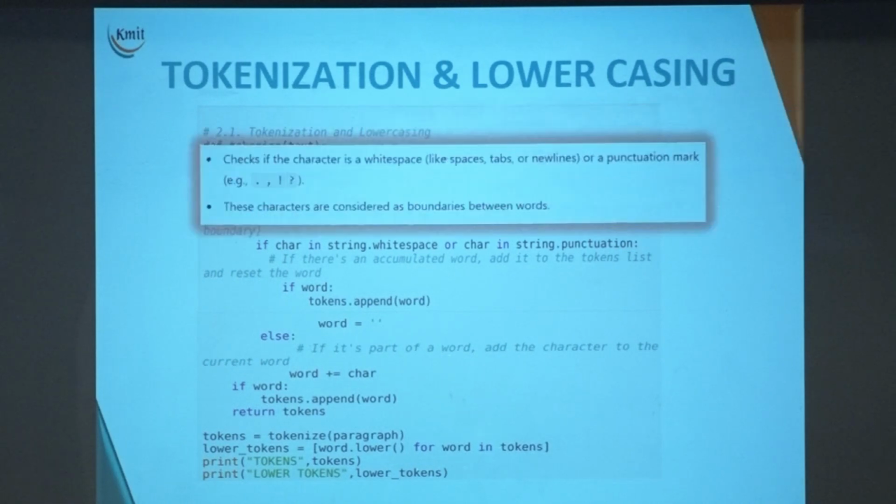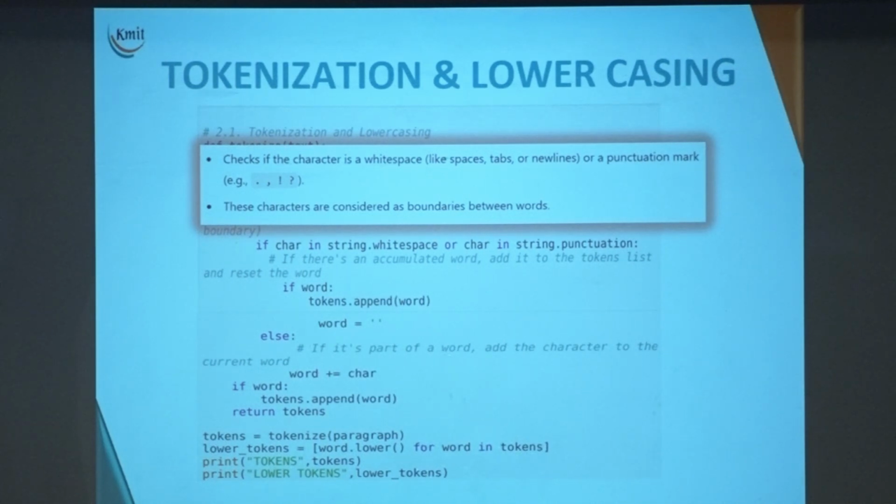So what I am going to do is check if the character is white space, like spaces, tabs, new lines, or punctuation marks like exclamation mark, question mark, full stop, etc. These characters will be considered as boundaries between words.